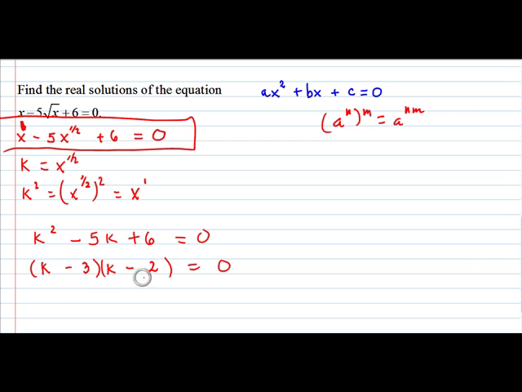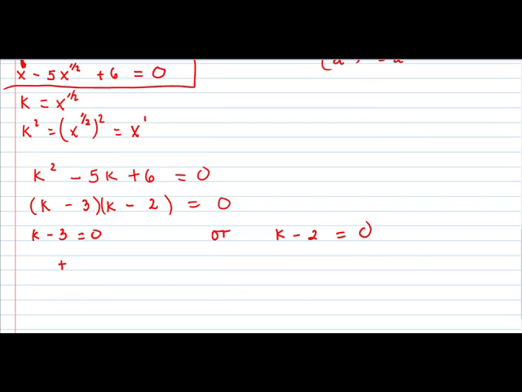Minus 3 plus minus 2 is minus 5, minus 3 times minus 2 is 6. So you have k minus 3 equal to 0, or k minus 2 equal to 0. Plus 3 both sides, k equals 3. Over here we do the same thing, plus 2, k equals 2.